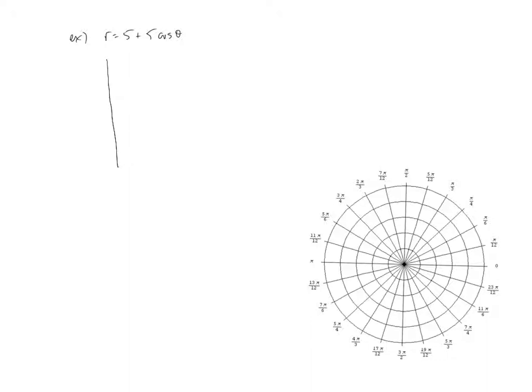So our graph that we're going to put together, with this being the theta axis and this being the r axis, we would need a pi over 2, a pi, 3 pi over 2, and 2 pi to get a full cycle. Again, it's a cosine, but it's shifted up 5 units.